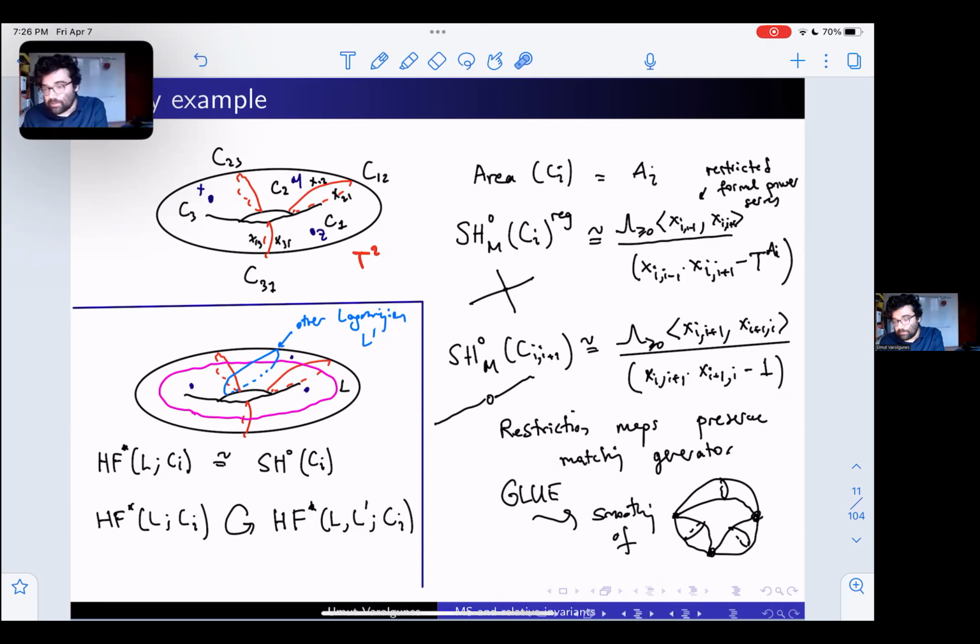The fibers do not play a role. This is not family Floer homology. Yeah, that's what I mean, because after all, your individual pieces CI are fibered by circles, by Lagrangians, and so you do not consider this Hom from L to the family.